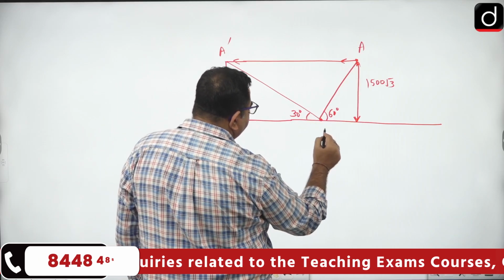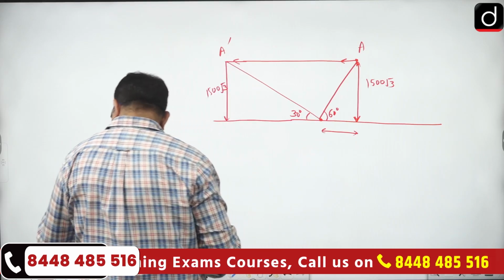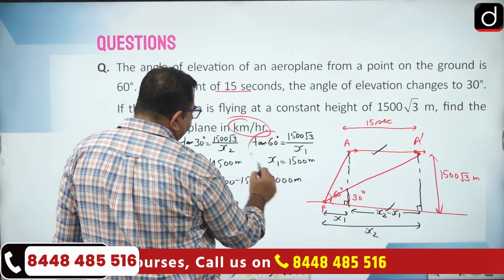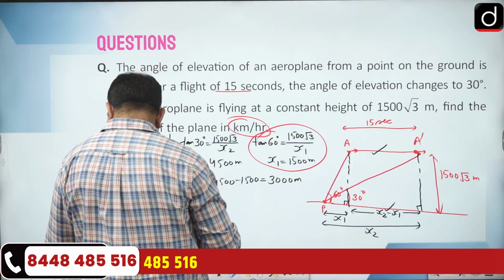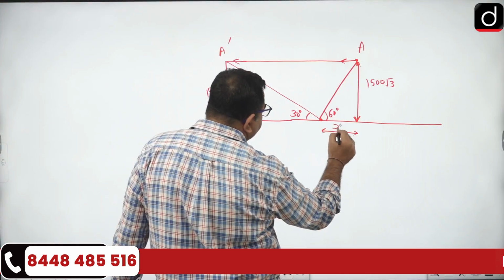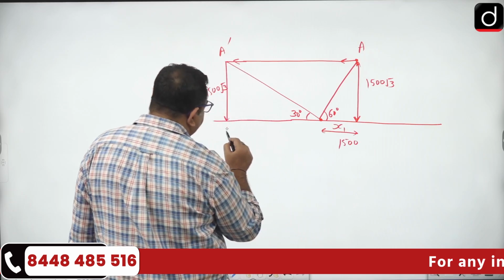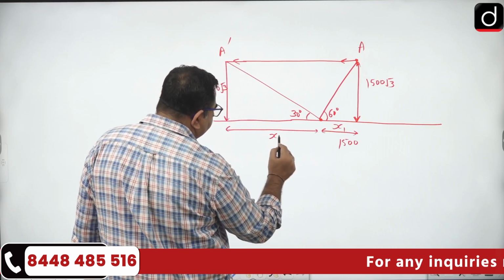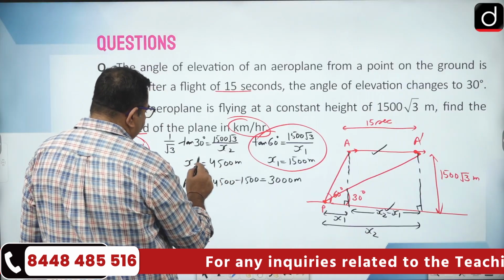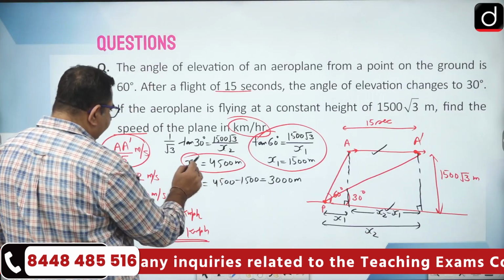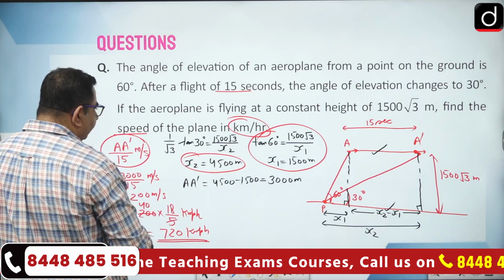Now with 60 degree we have got this length, that is, when we applied this in the last case, 1500 root 3 by x1, that is 1500. So in that case this is x1, 1500, and this is x2, and x2 we have got that is 4500, because the same procedure we are going to apply, right? Height by base.